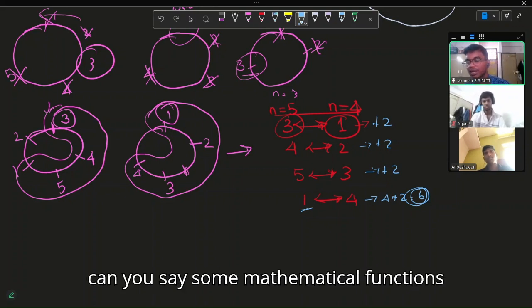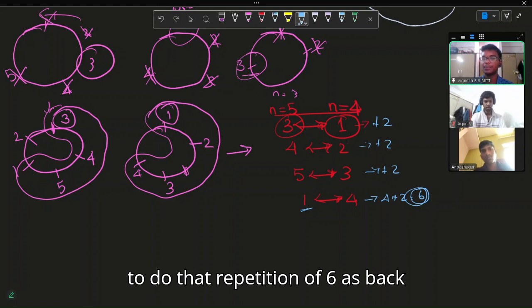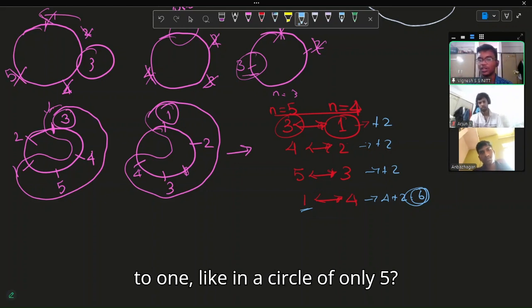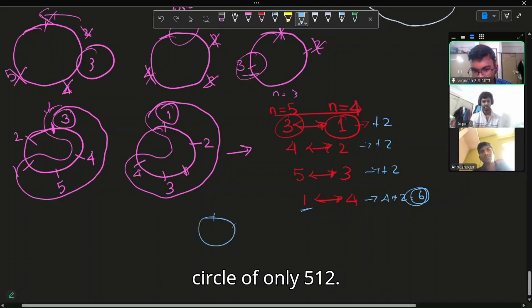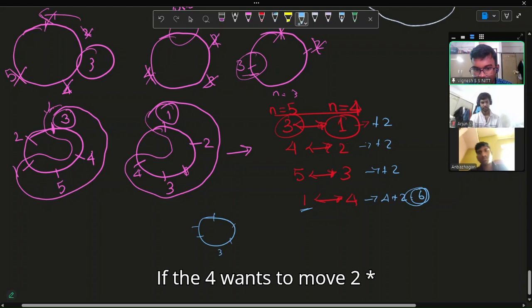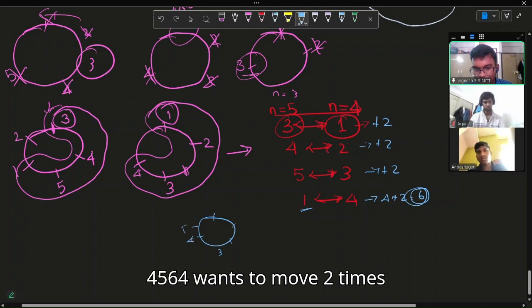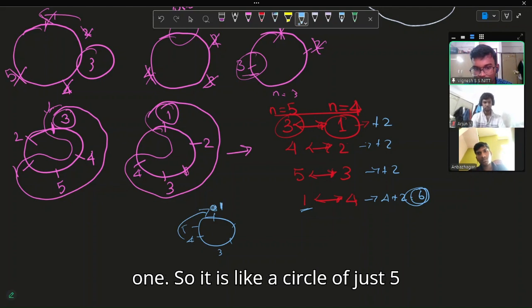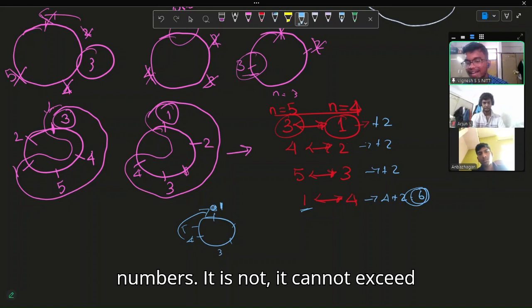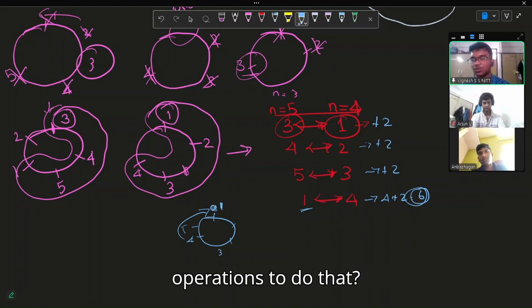Anbazhagan, can you say some mathematical function to do that repetition of 6 back to 1, like in a circle of only 5? So what it is basically doing is making a circle of only 5, 1, 2. If the 4 wants to move 2 times, 4, 5, 6, instead of 6 it wants to go back to 1. So it is like a circle of just 5 numbers. It cannot exceed that. Is there any mathematical operation to do that?